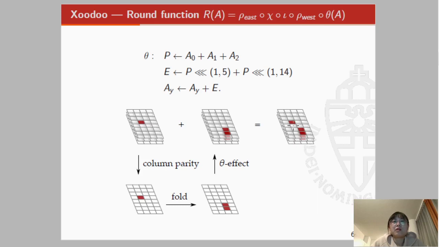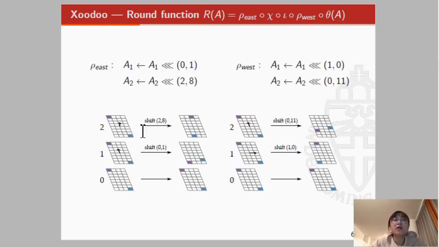In reverse, 1 bit of output is decided by 7 input bits. Rho-east and rho-west are just shifting operations along the x-axis and the z-axis.